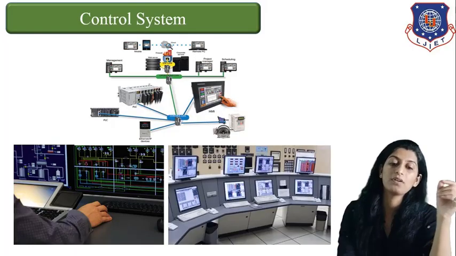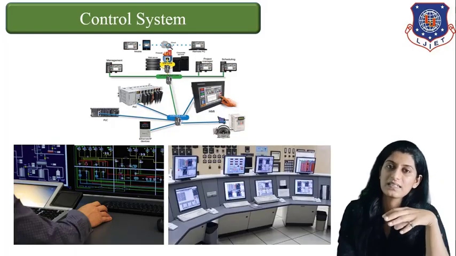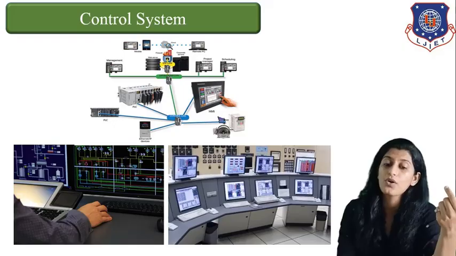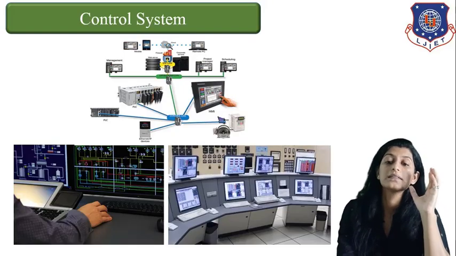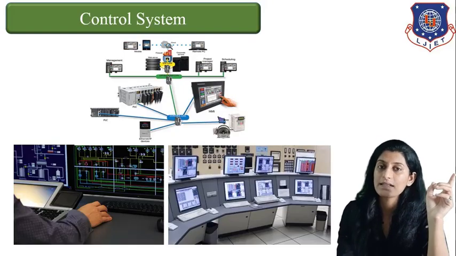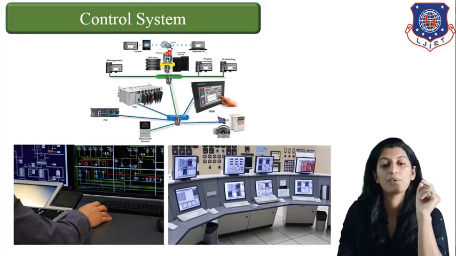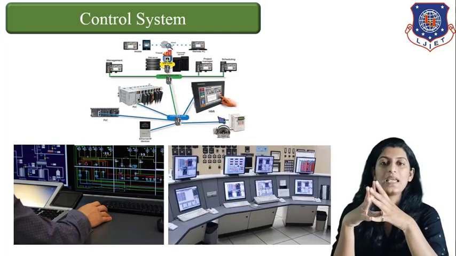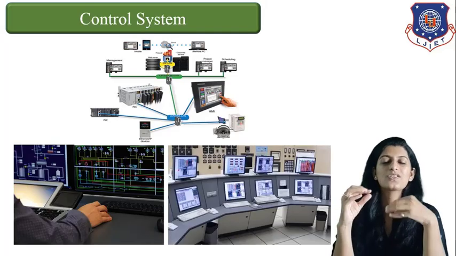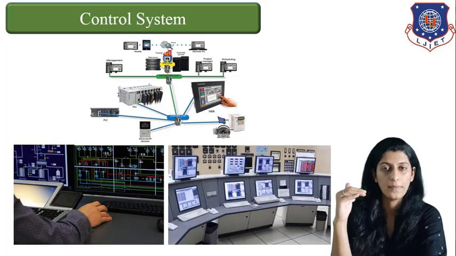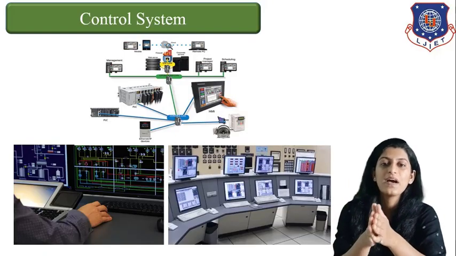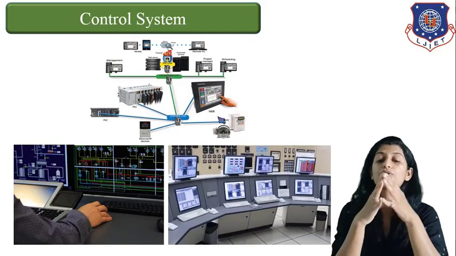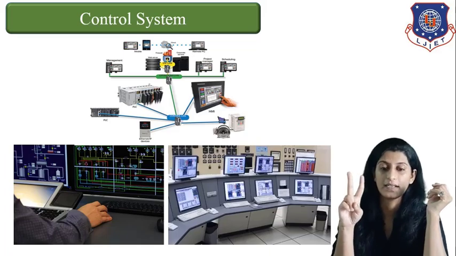Whenever the output of our system is also being controlled by our system, it is termed a closed loop control system. So based on the action we are performing, we can classify our control system into two different categories.